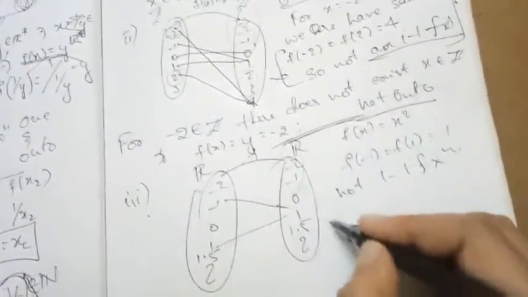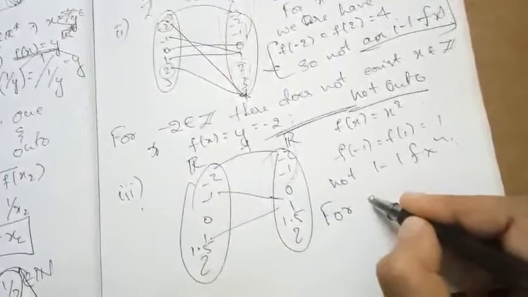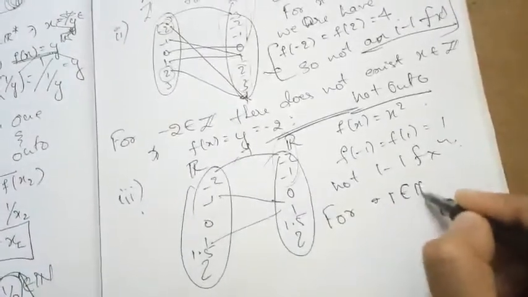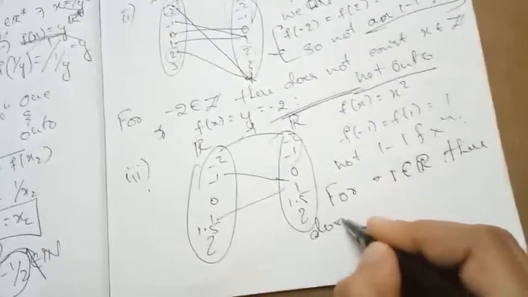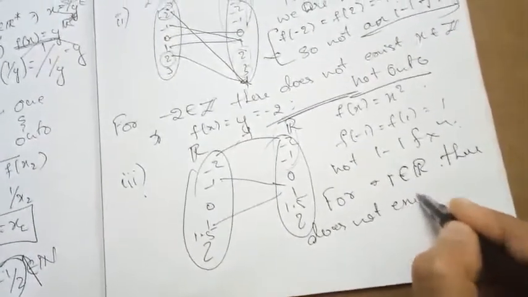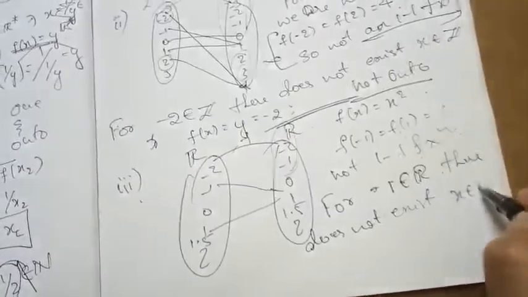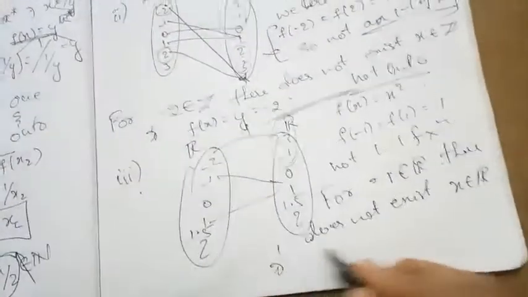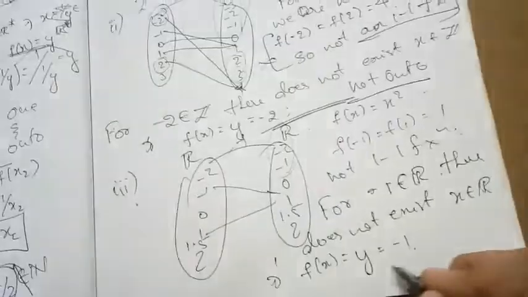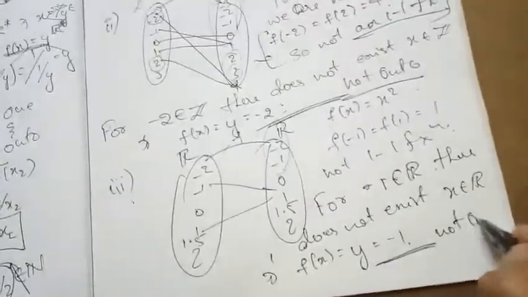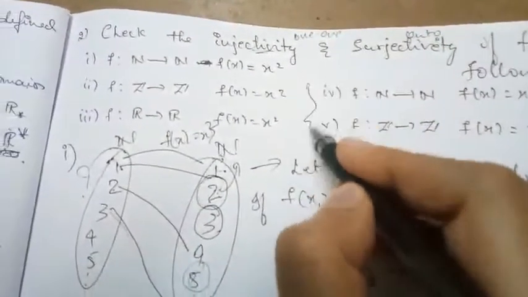Similarly, like this statement only you can write here, for -1 which belongs to the set of real numbers, there does not exist x belonging to the set of real numbers such that f of x is equal to y is equal to -1. So it is not an onto function. So this is how we are dealing. Similarly for the fourth one and fifth one, try it yourself.